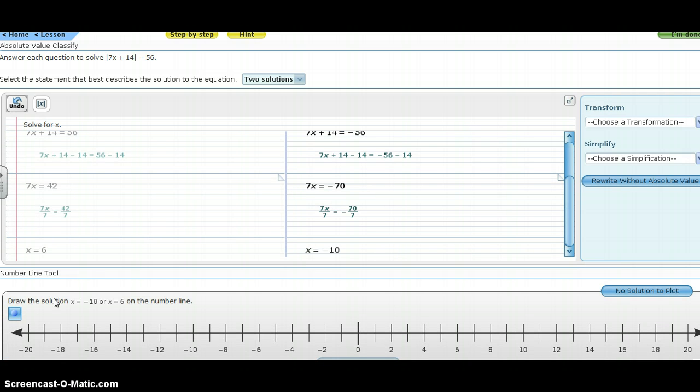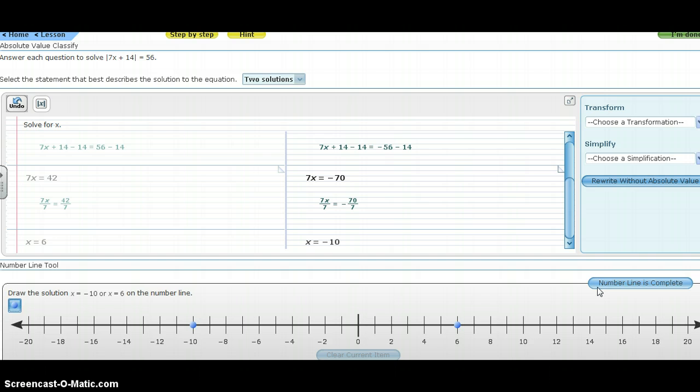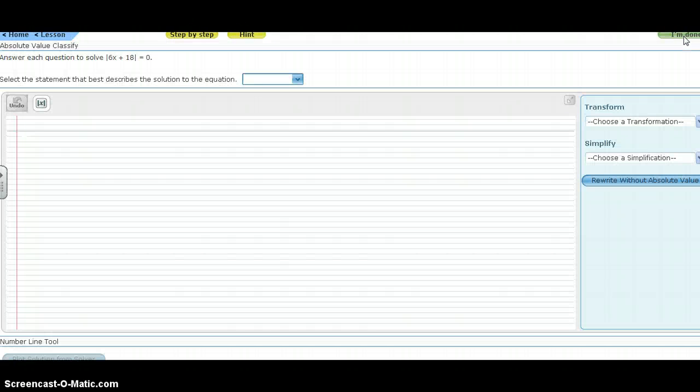So negative 10's highlighted, so I'm going to plot negative 10 here. And then again, our other solution was, I think, 6. Okay, and yeah, 6. And that's good. I'll go on to the next one. Then you just say I'm done, and it gives you the next problem.